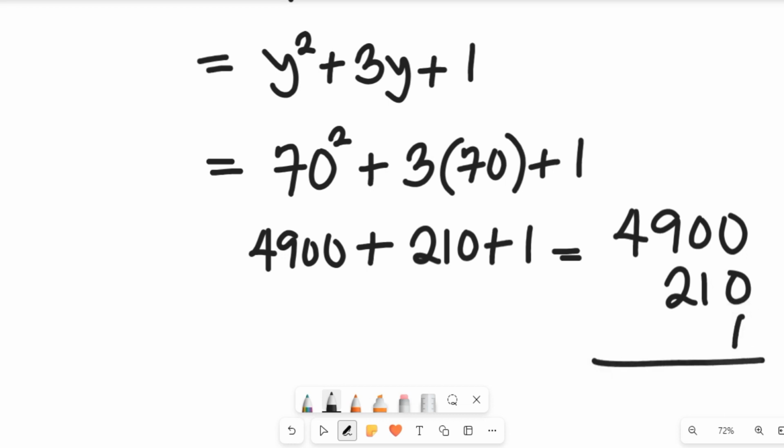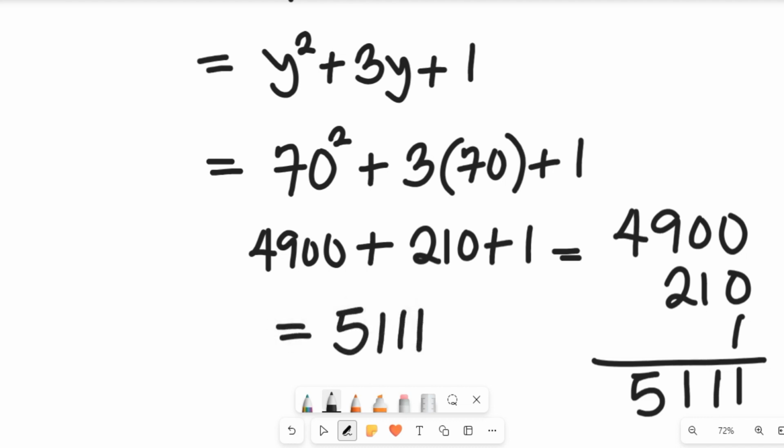Plus 1. So this will give us 1, 1, and this will give us 1, and then this will give us 5. So the solution to that expression will give us 5,111, and that is the solution.